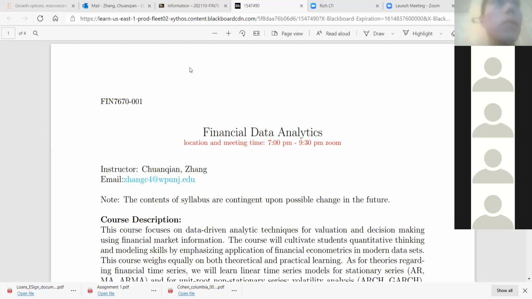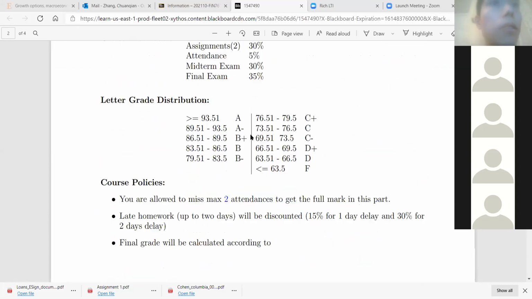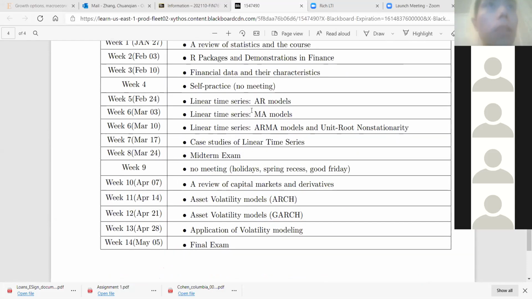Let me pull out the course information here. Let me share. Okay, hope everybody is here. You're almost there. So let's look at where we are here.